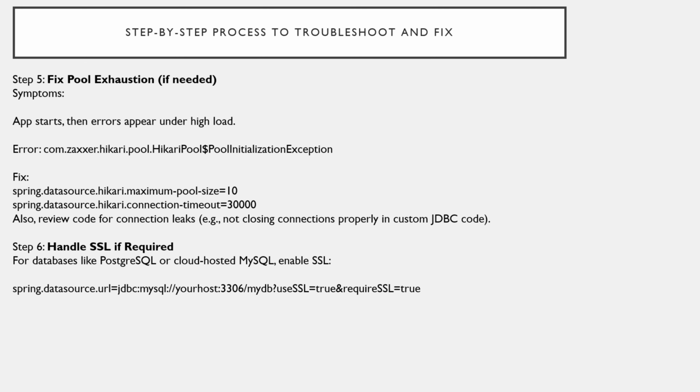Now lastly, you have to check for the SSL if it is required. There are databases like Postgres, or any of the databases which are hosted on cloud, which always ask for enabling the SSL. So in Spring, you can make use of the SSL, mark it as true, and you can also enable that it requires SSL to be checked.